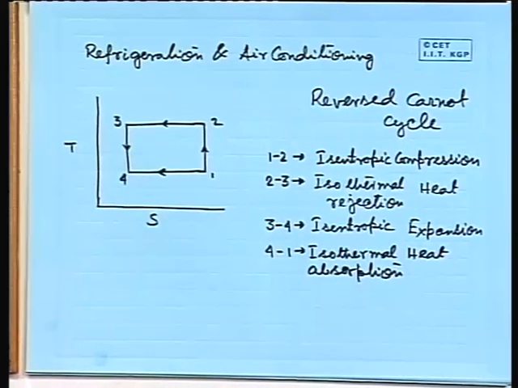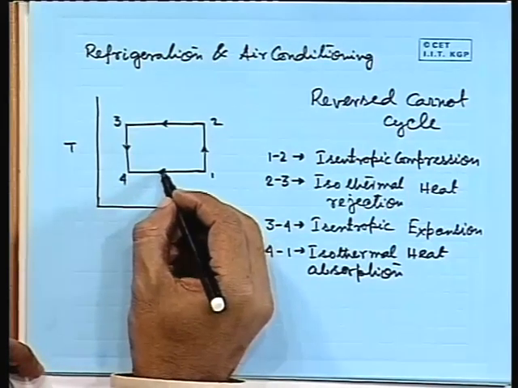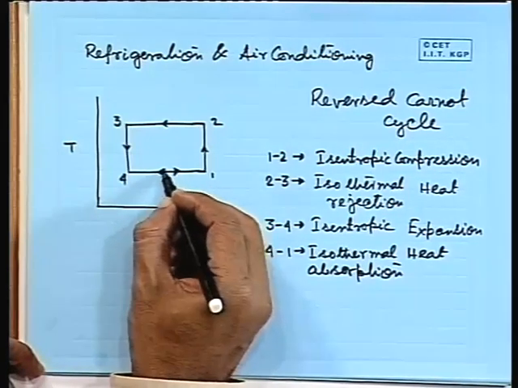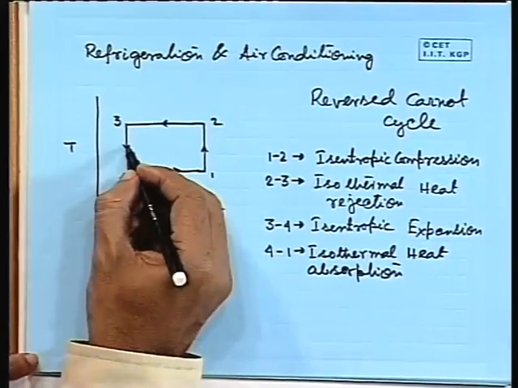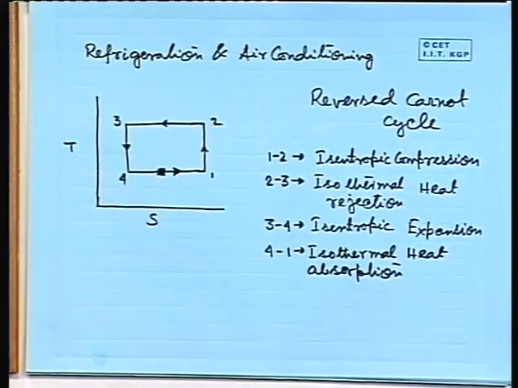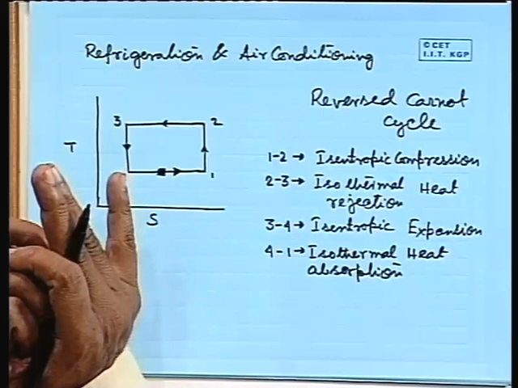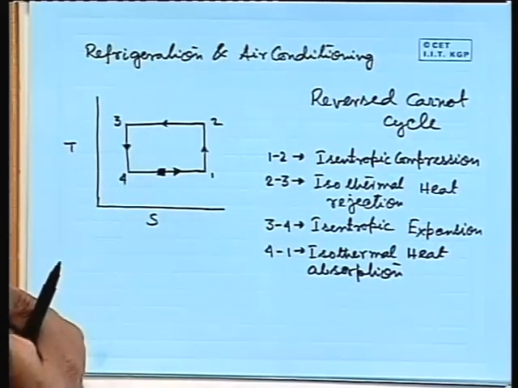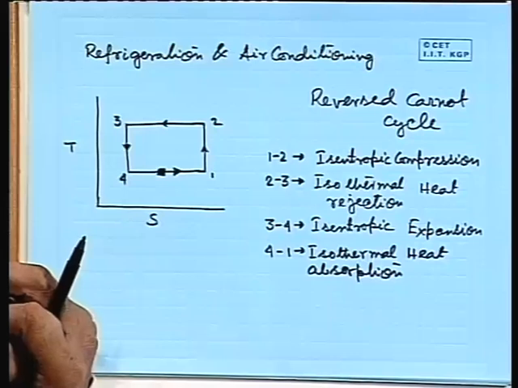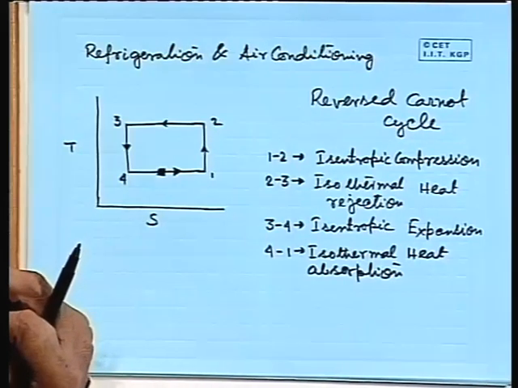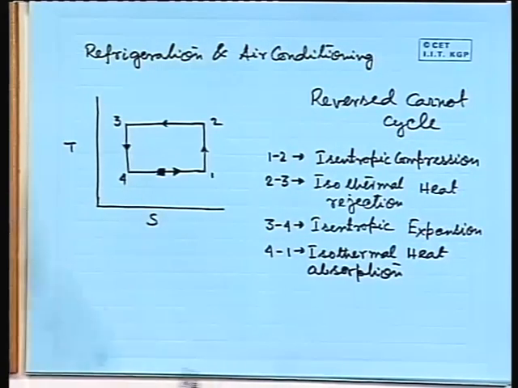Isothermal heat absorption. So, these are the 4 processes I have, this should be the other way. Okay. These are the 4 processes. So, we can see the direction of the processes are just the reverse of our Carnot cycle for heat engine. Okay, forward Carnot cycle or Carnot cycle for heat engine.